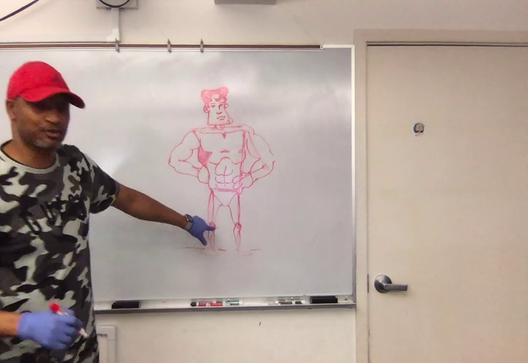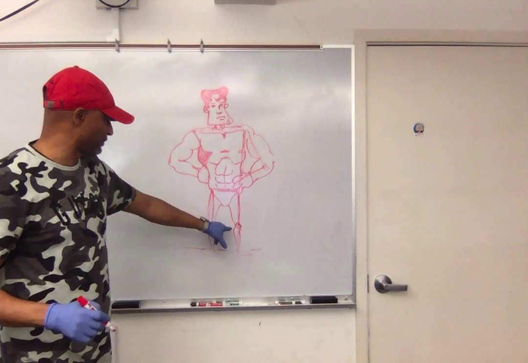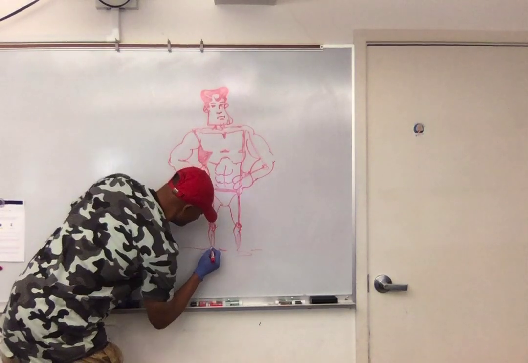So you see how I use those two circles there in the middle, well, towards the bottom of the legs, to refer to where the knees probably fall.